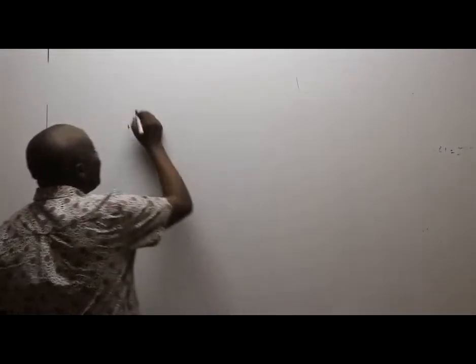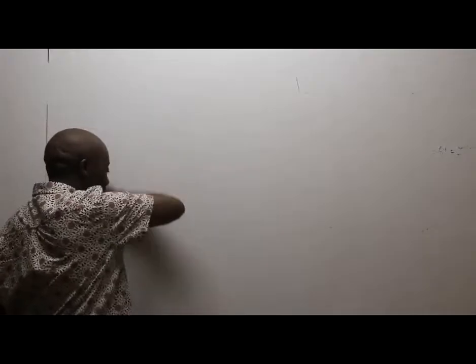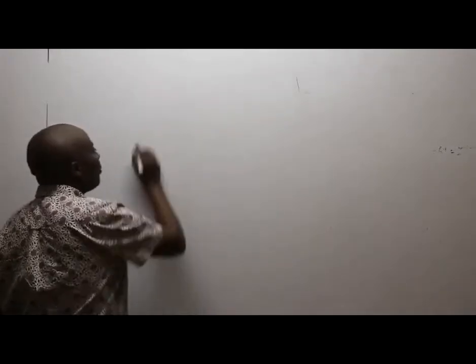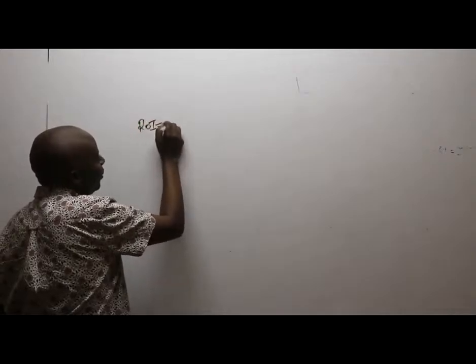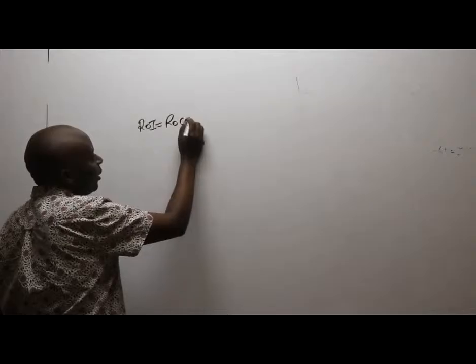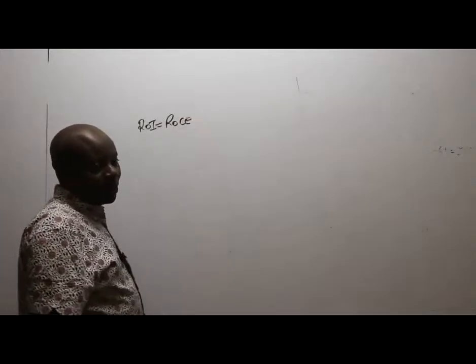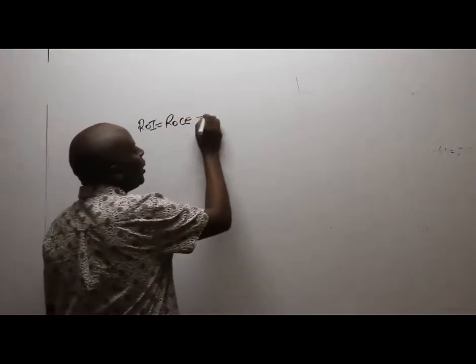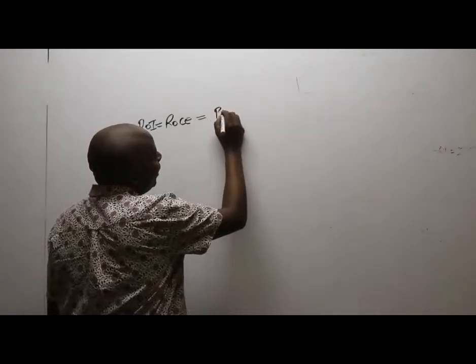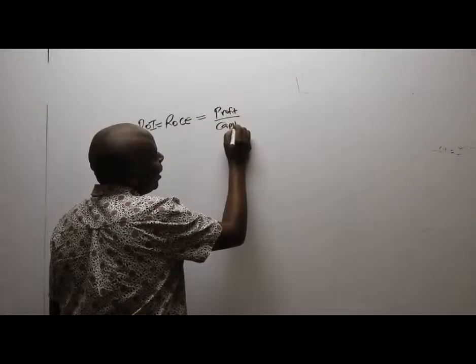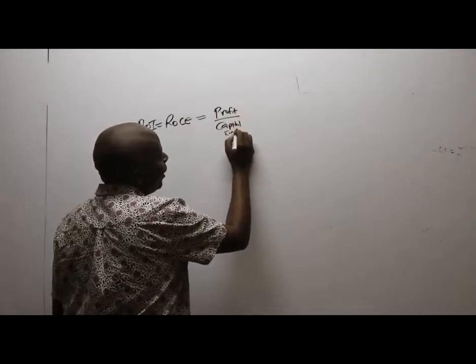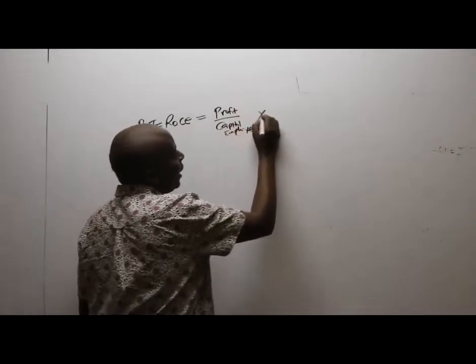So then what do we have here, ladies and gentlemen? What we have here basically is the formula. We have ROI. Remember, ROI is the same as ROCE, that is return on capital employed. To get this ROCE, we take profits divided by capital employed, times 100.